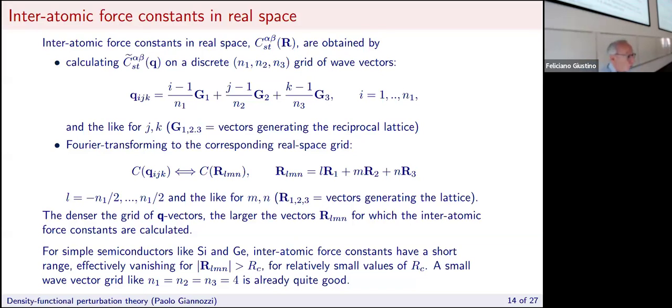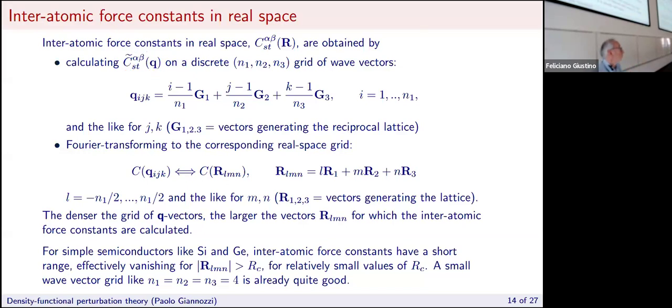So what is done is that one computes, on a discrete grid of wave vectors Q, the discrete grid that spans the Brillouin zone, and performs many calculations of the force constant in reciprocal space.